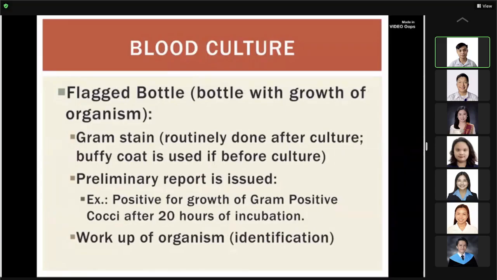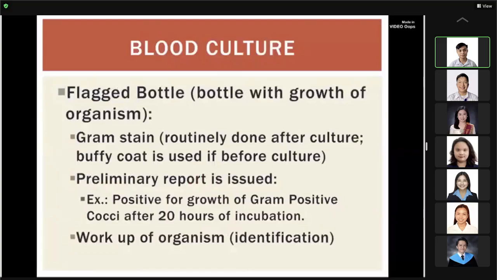If there is growth, so it's flagged, there are organisms in the bottle, we will do gram stain to know the likely organism present based on the gram reaction and the morphology. And we will release a preliminary report stating the gram reaction and the morphology of the organism.